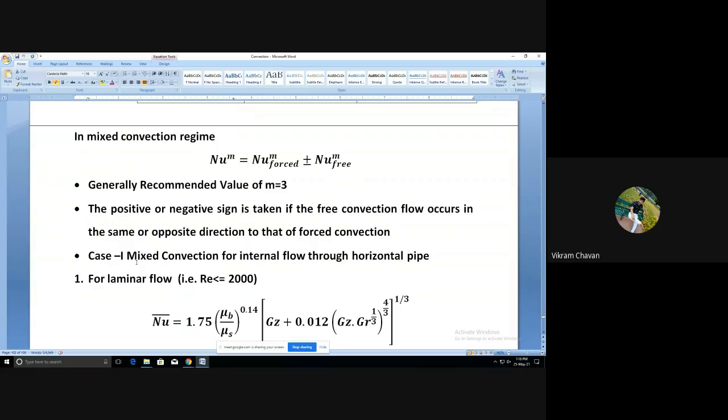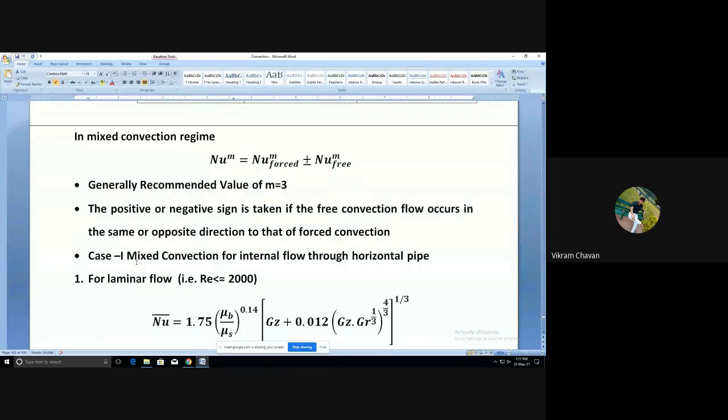The positive or negative sign is taken depending on whether the free convection flow occurs in the same or opposite direction to that of forced convection.